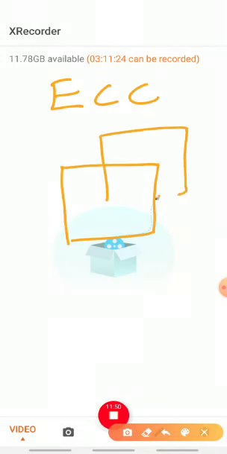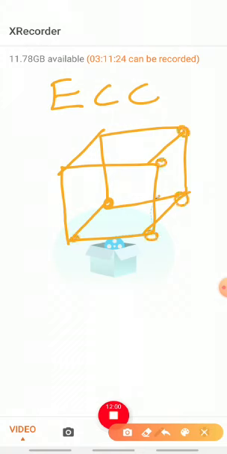ECC. End center means what? Let us draw a cube one more time. You also draw with me. 8 constituent particles are at 8 corners, and we only have to put them on the end faces, that means this is the upper face and this is the lower face.